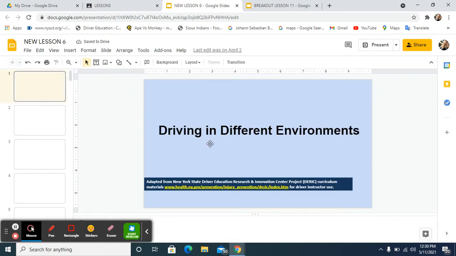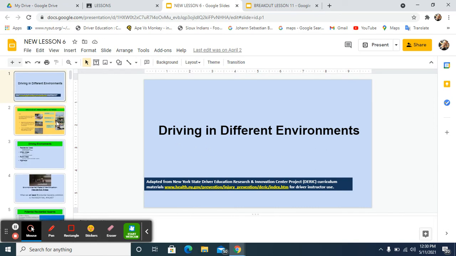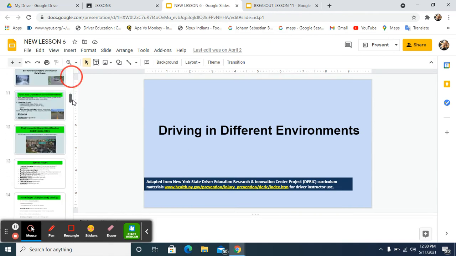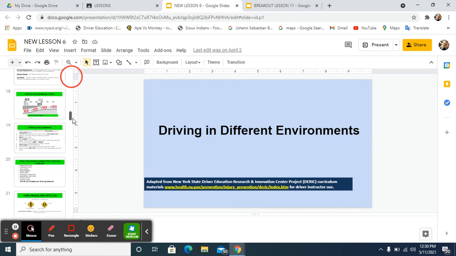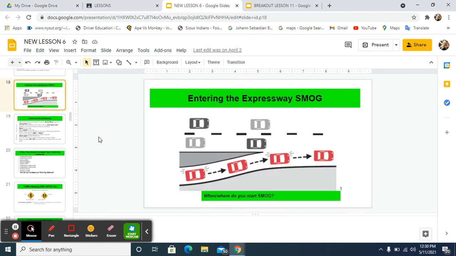And driving in different environments, for example, it is in Google Slides format. It goes through different scenarios with the students, and it teaches them how to do certain things, like, for example, merging onto a highway, using one of our acronyms that is common for driver education, which means signal, mirrors, observe, and go.